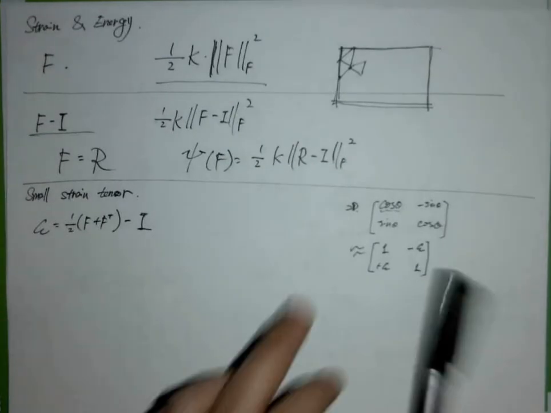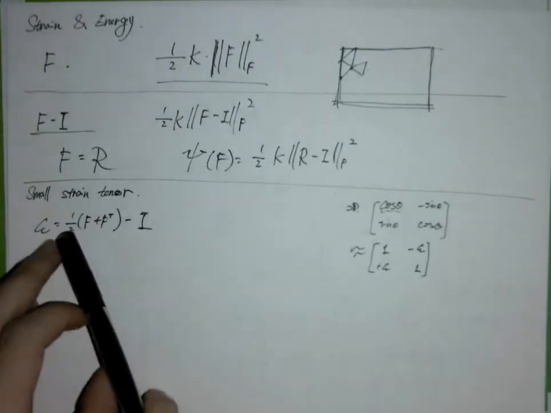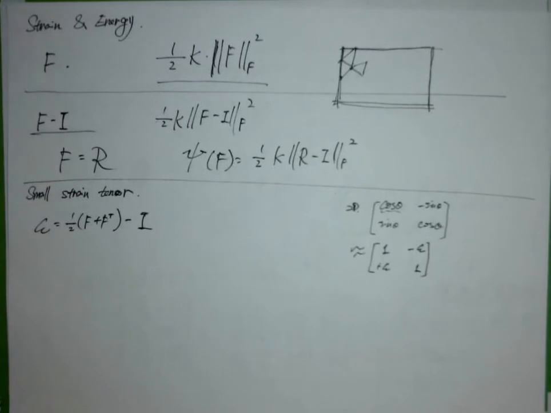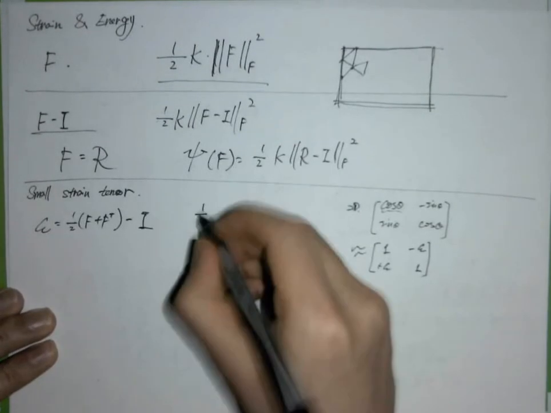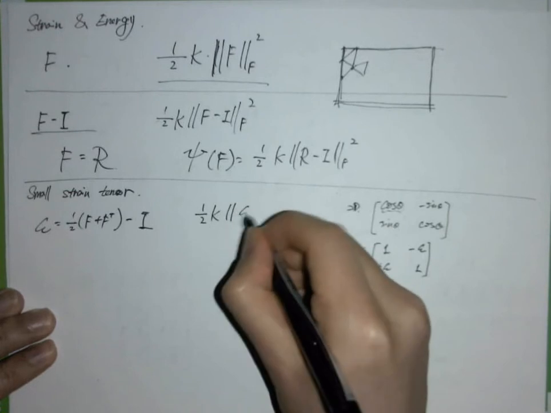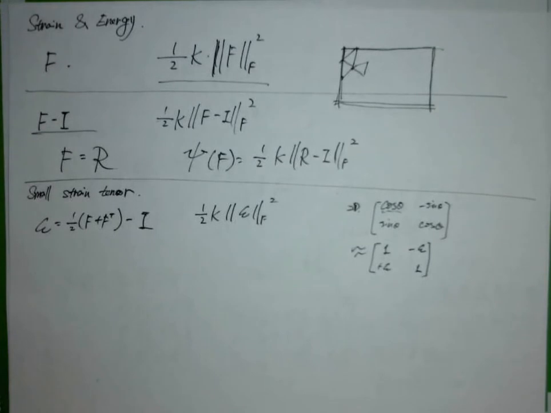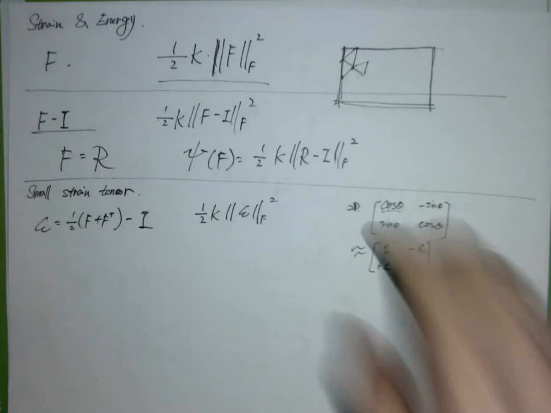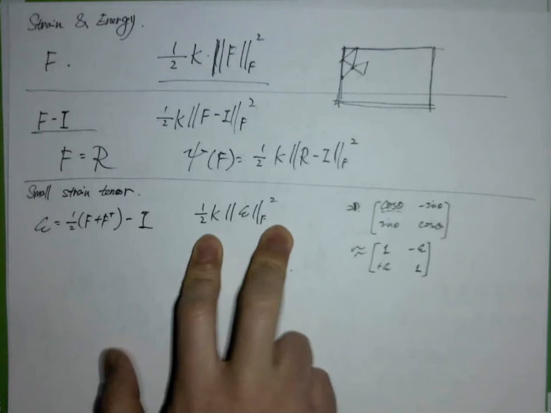So if I add the transpose of this matrix and divide by 2, it also becomes an identity matrix. So under really small rotations, this measurement should be fine if I have the energy something like 1/2 of k times the epsilon Frobenius norm squared. It should be okay under really small rotation. But what about a large rotation? If it's a large rotation, cosine theta is nowhere near 1. So this will also have an effect on the energy. If you have larger and larger rotations, it will also penalize from that.